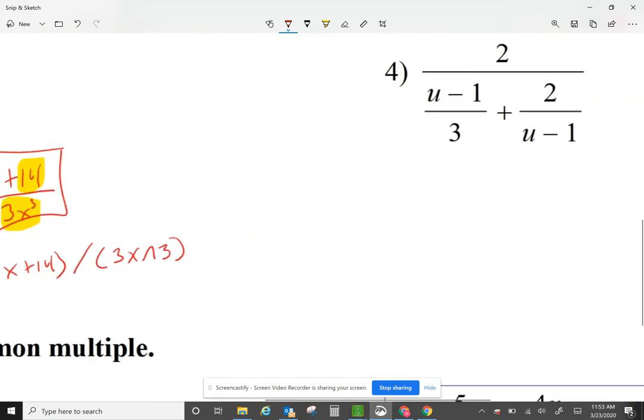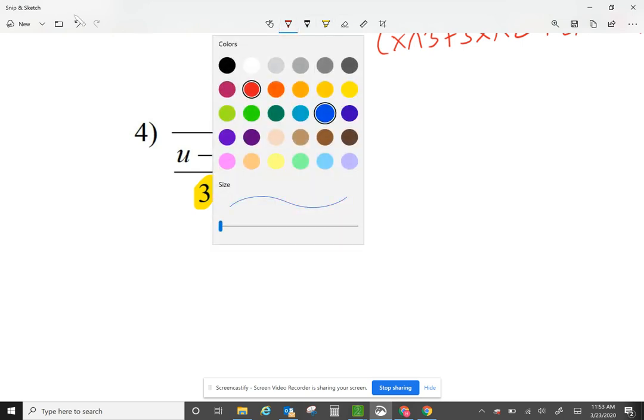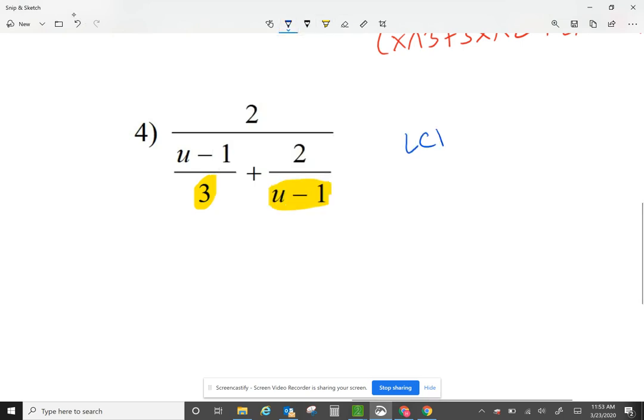Lastly, let's take a look at question number 4. Looking at my denominators only, I'm going to say my least common denominator is going to be a 3 and u minus 1. Let me multiply everything by that.